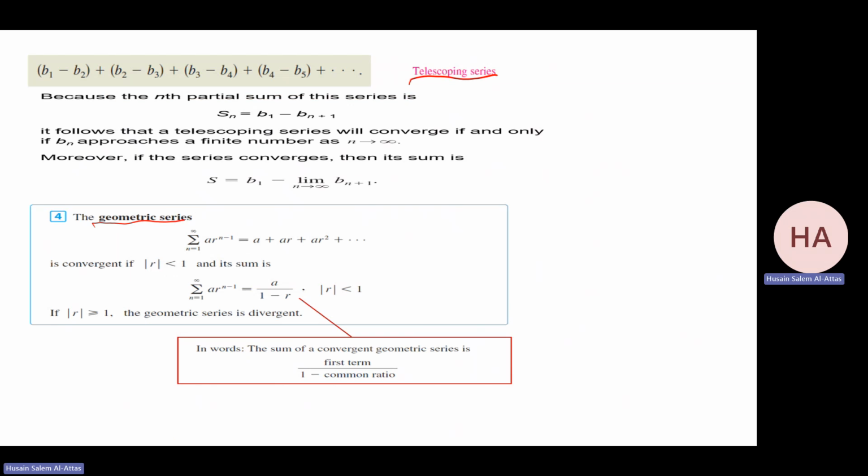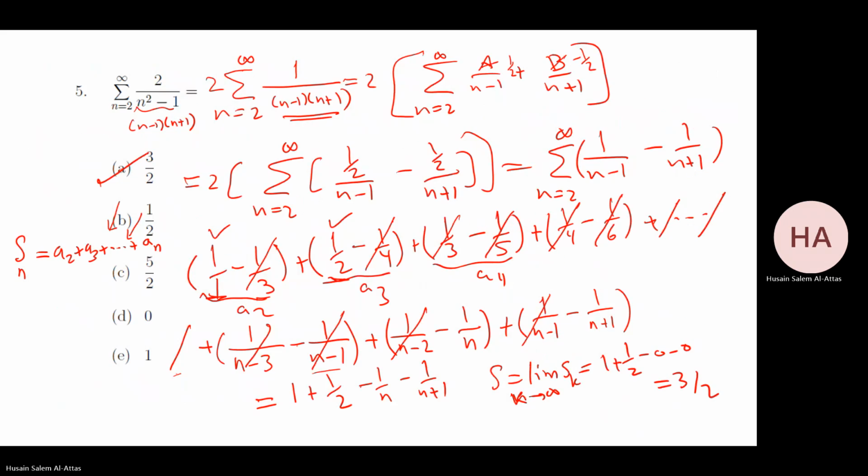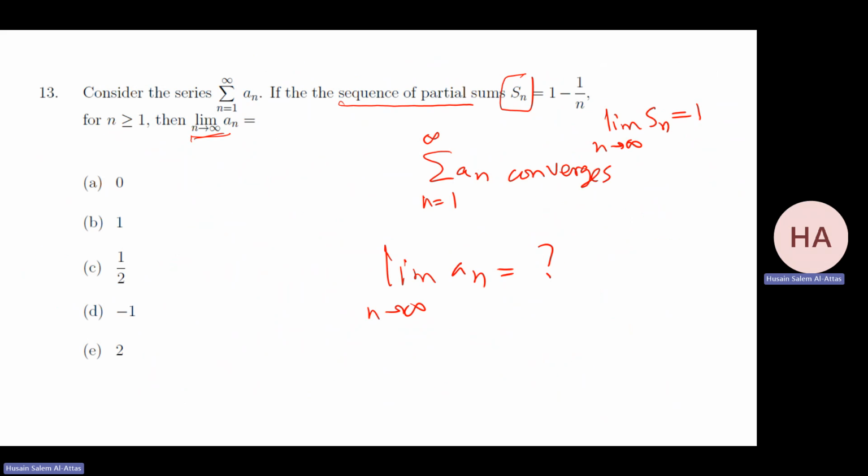Since I know the series converges, the limit of a_n should be 0. Since I get from the sequence of partial sums that the limit exists, the series converges. So the limit of the n-th term should be 0.